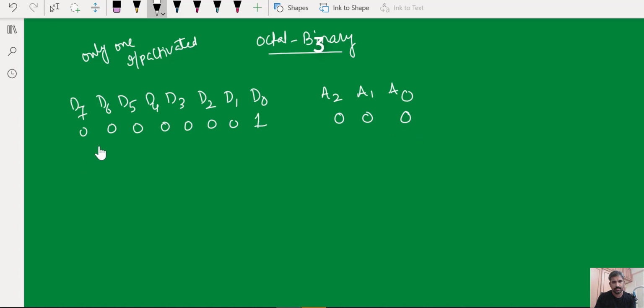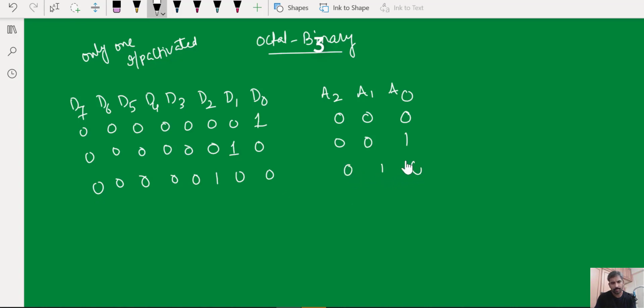Then we press D1, the rest will be zeros, and you are going to get 0 0 1. Similarly, press D2, you are going to get 0 1 0.